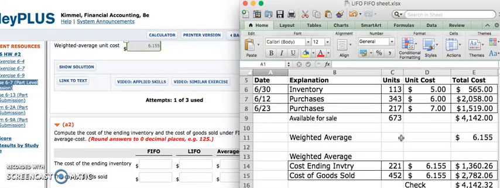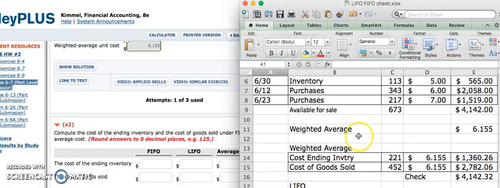So to calculate cost of ending inventory, we take the 221, which we were given, times our average price, which is $6.155. That equals $1,360.26. They want it rounded with no decimals, so we'll get rid of those.